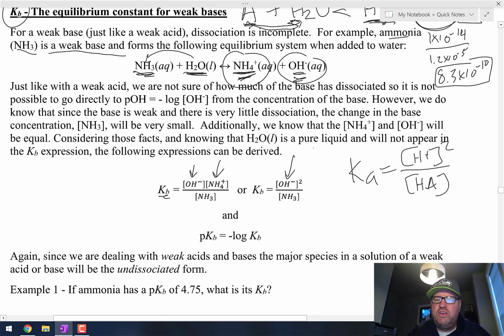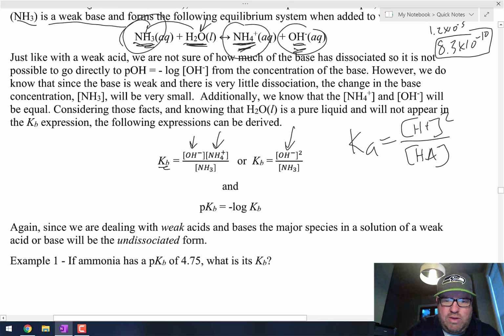The concentration of hydroxide or NH4 plus squared, or X, a lot of times that's going to be an X squared, over the concentration of the original base that you started with. And obviously we leave water out because it's a liquid.